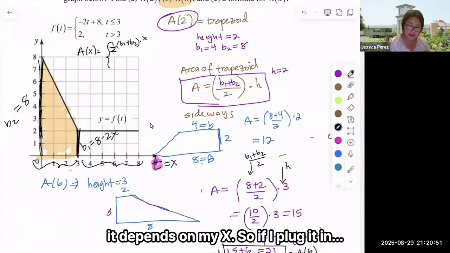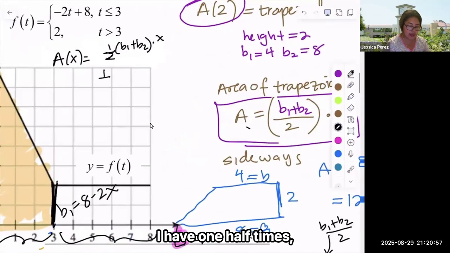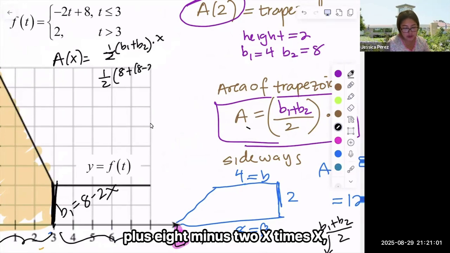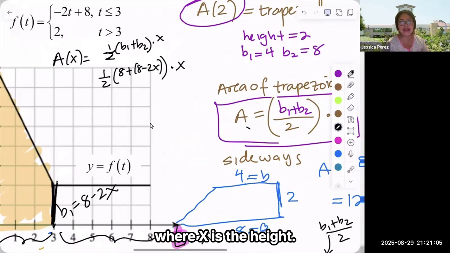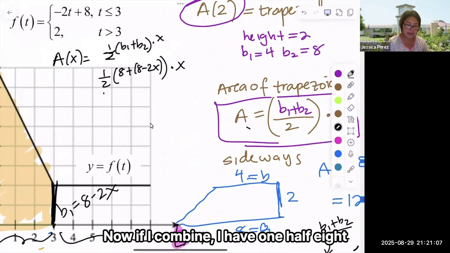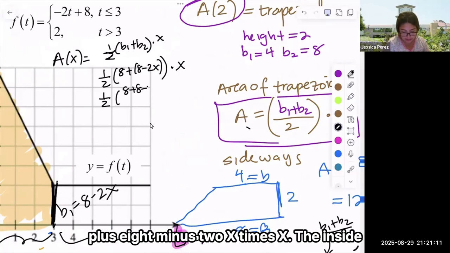So if I plug it in, I have 1/2 times, so base 1 is 8 plus 8 minus 2x times x, where x is the height. Now, if I combine, I have 1/2, 8 plus 8 minus 2x times x.